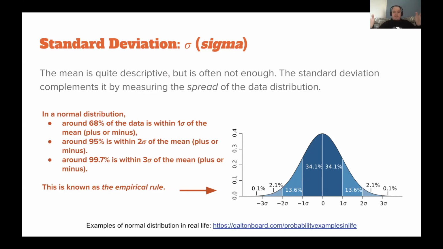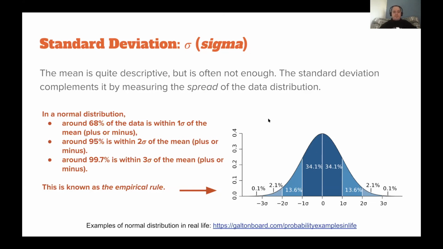If you extend 1 more standard deviation, so you take 2 standard deviations minus or 2 standard deviations plus of the mean, then you actually get 95% of your data. So you see, 68% is good, but 95% is much more confident, right?